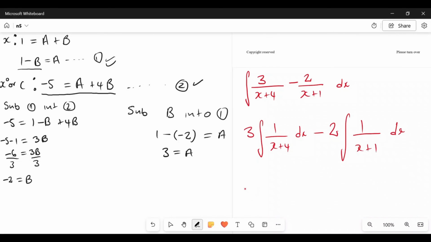And then from there, we integrate. y is going to be equal to 3 times ln of x plus 4, minus 2 times ln of x plus 1, close bracket, plus c. So this is how you do this one. This was actually type 2 of our integration, just in case you didn't know about it.